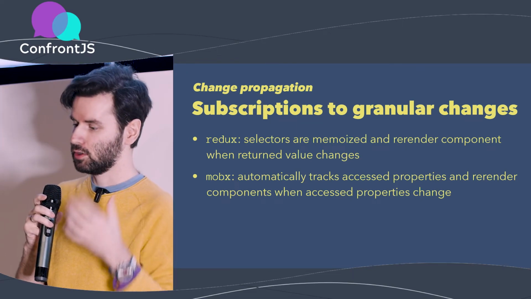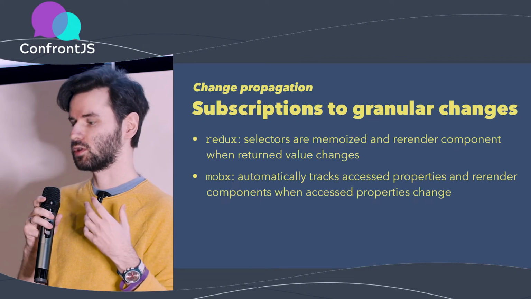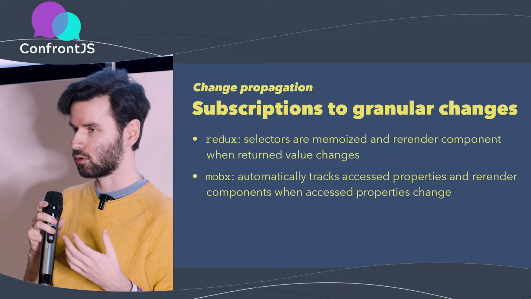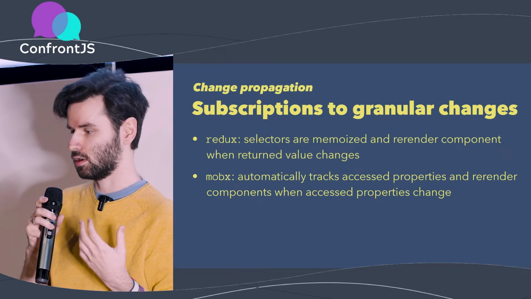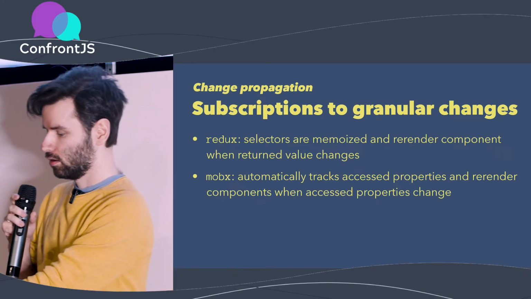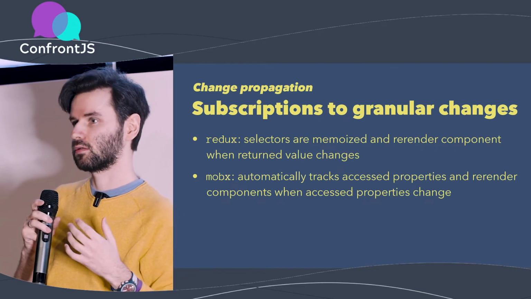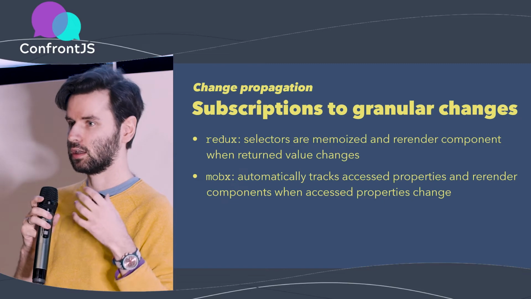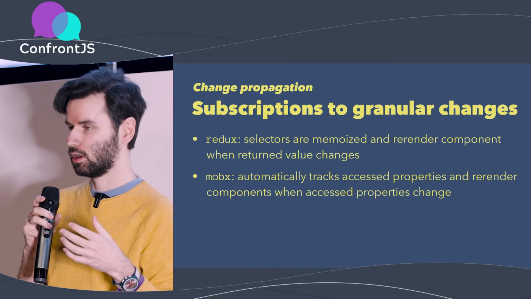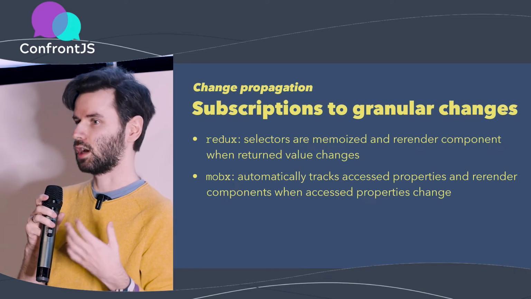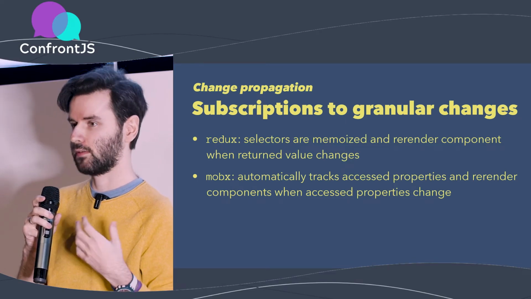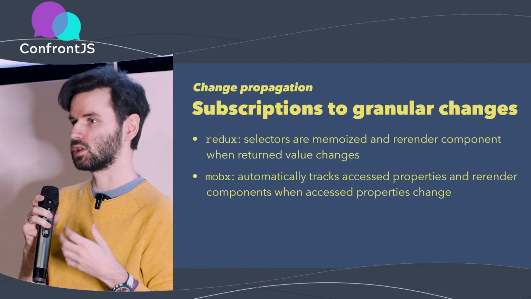Okay, we changed something, we want to synchronize it with UI, and as I said, it's really important that we do this efficiently. So Redux reuses selectors. You write your selector by hand and then use it in your component. Then, because selectors are memoized, Redux will notify your component whenever this value changes.